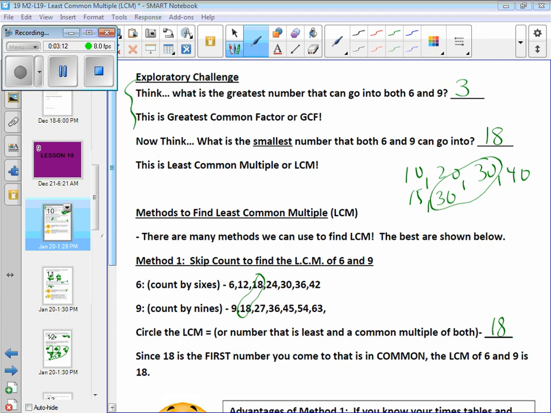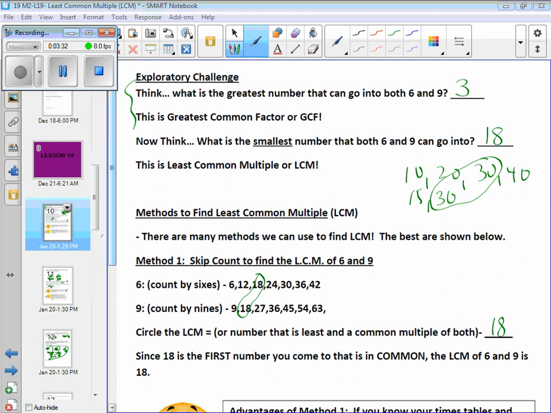Okay? Always think higher. It's not what goes into 10 and 15. It is what do 10 and 15 go into. 10 goes into 30 3 times. 15 goes into 30 twice. It's the smallest number that the 2 numbers go into.